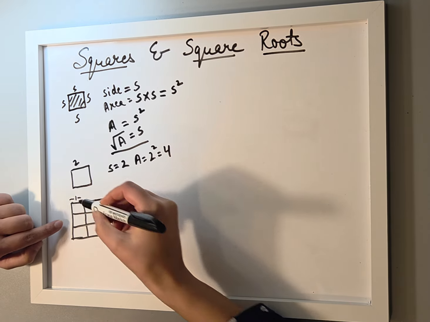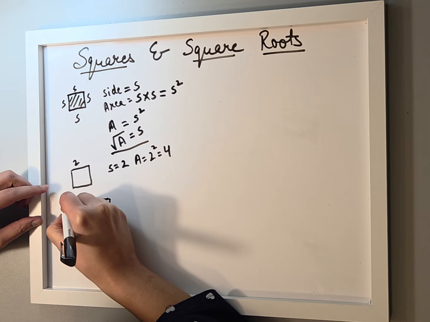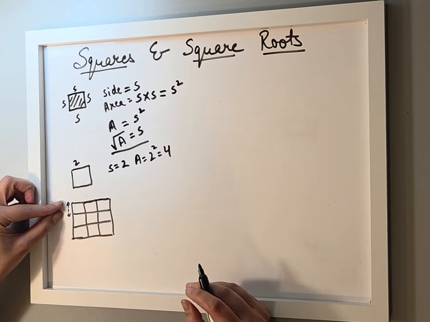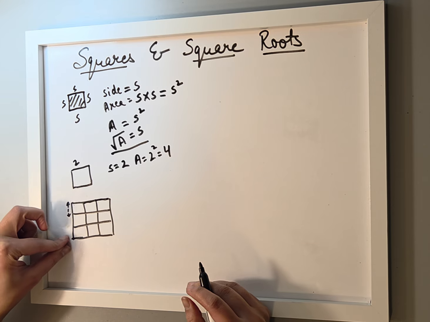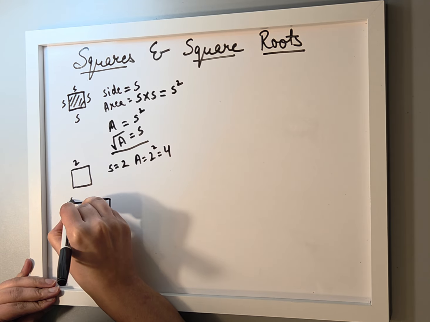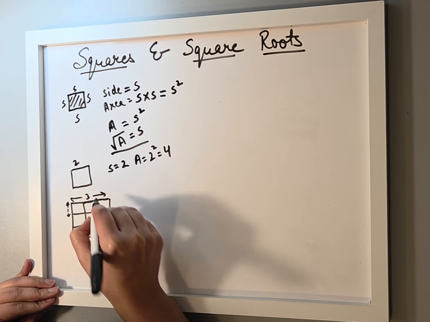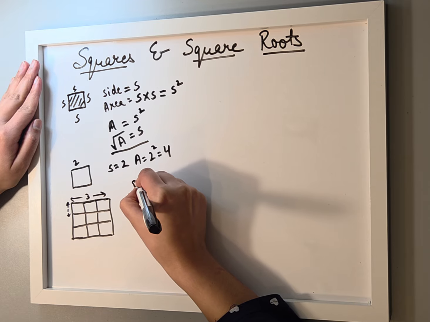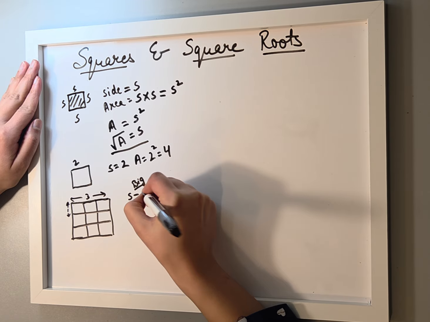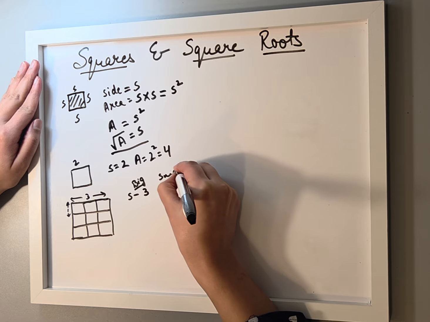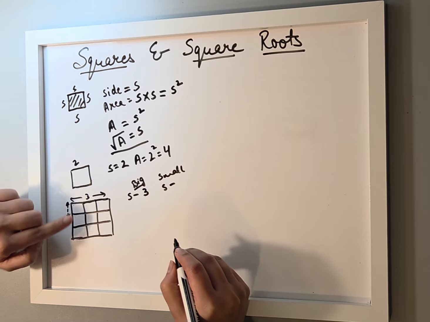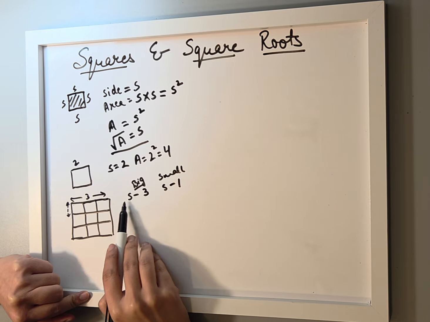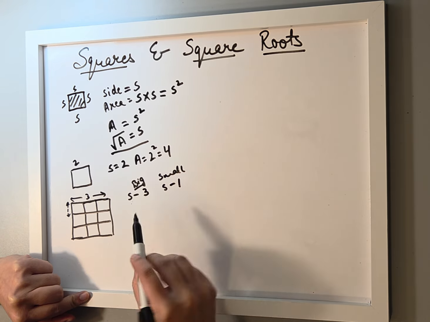We have 3 squares on one side. So what will be the total side length? It will be 3. So the side of the big square will be 3. This small square side is 1, that is already given to us, and with the help of that, we try to find the side of the big square.